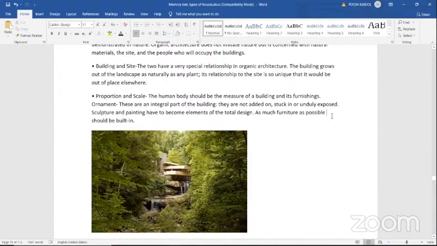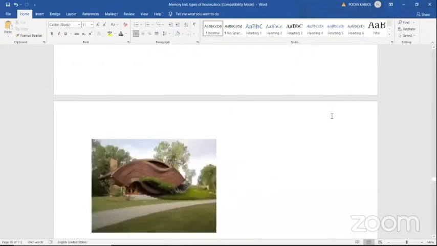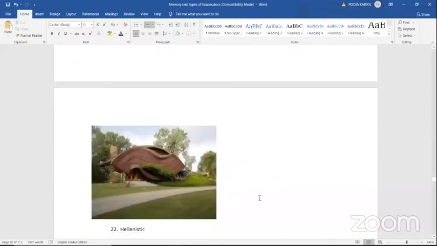Meaning you have to make sure about the harmony between the nature and the artwork used. This is another example of organic architecture. Doesn't it look like it belongs there?